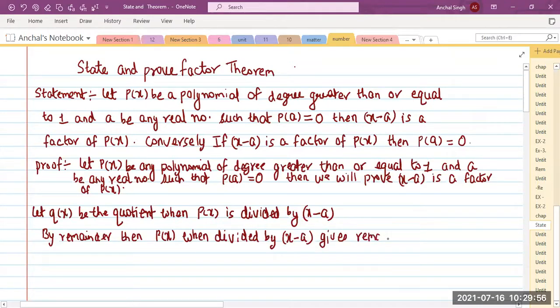Yes or no? This is correct na? Px when divided by x minus a gives remainder pa.